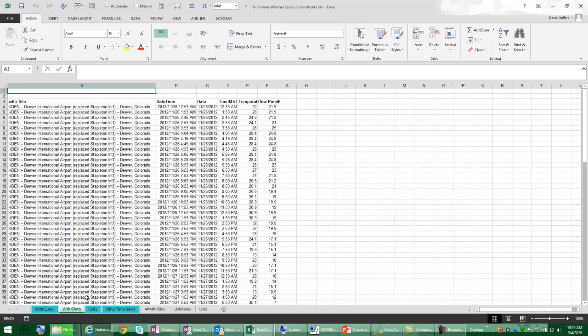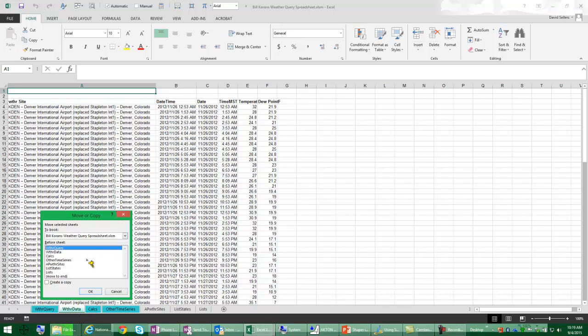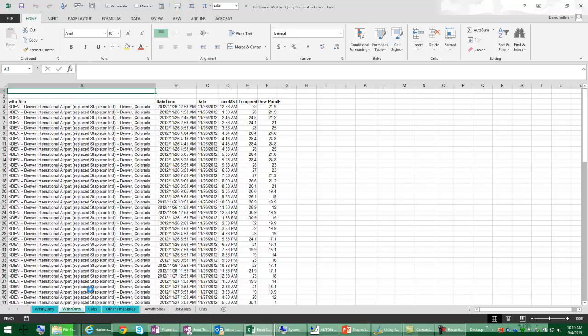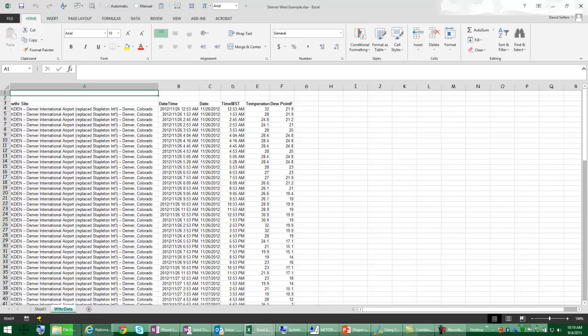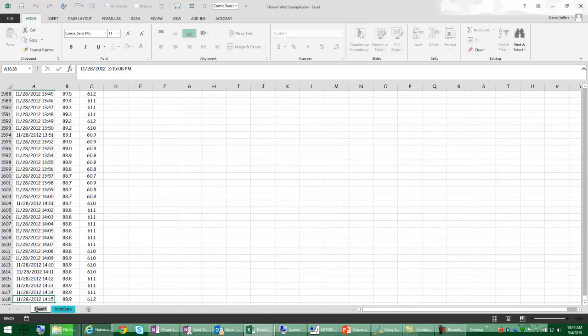Okay. And so now I'm going to move that data, or copy it. You probably want to copy it. If you move this tab, it kind of breaks the spreadsheet. So I'm going to copy that data into my example, at the end. Okay, so now here's the data from the loggers. I'll label it logger data, just so it's clear.